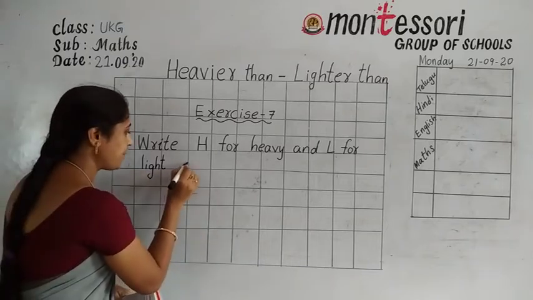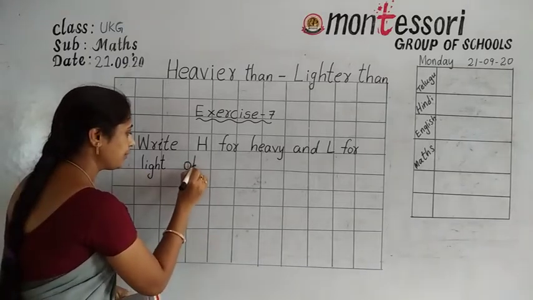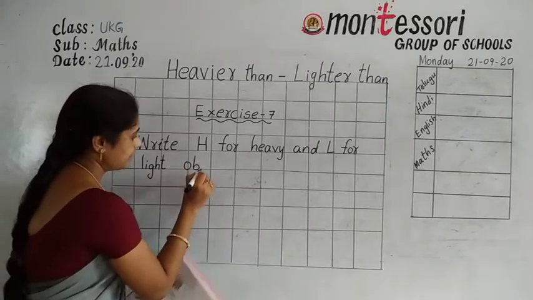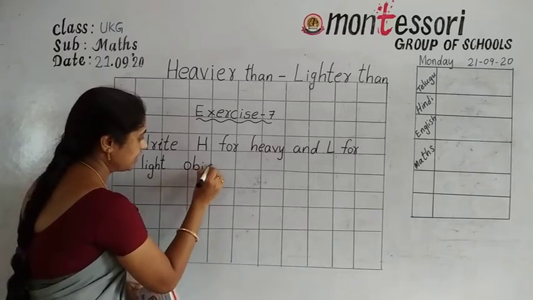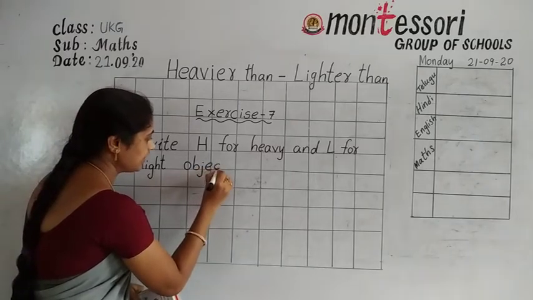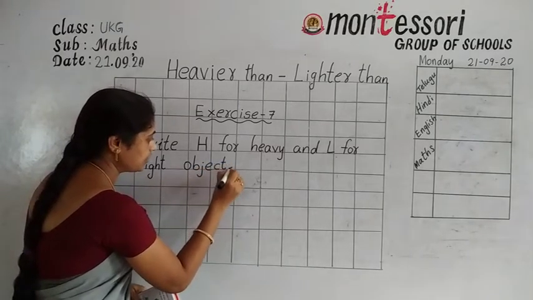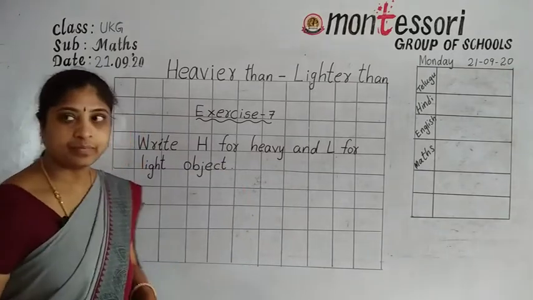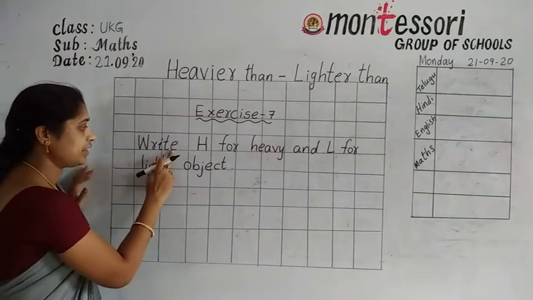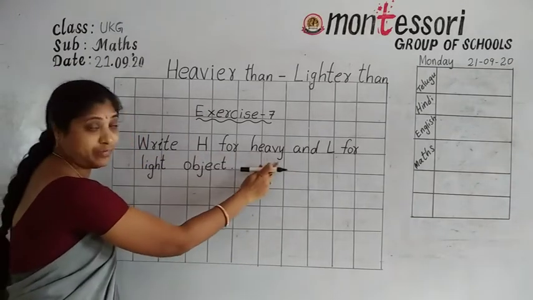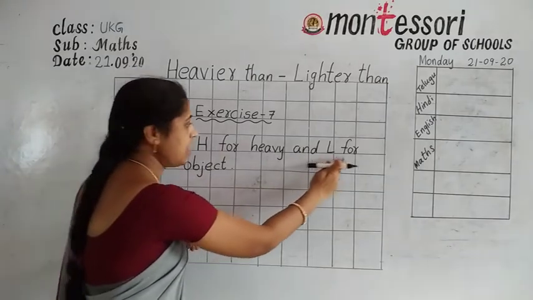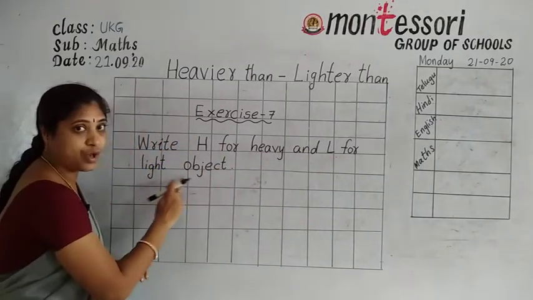Object, finger gap: O, B, J, E, C, T. Object, full stop. H for heavy and L for light object.